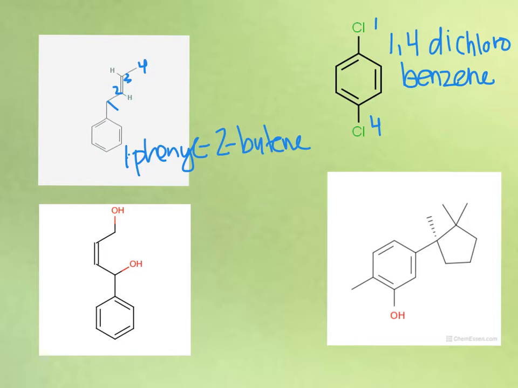So let's look at the one on the bottom here. We have a phenyl, and it would be in the 1 position. I'm going to move that because I don't think it's going to fit with what I have to write. So 1 phenyl, and attached to that, we have our 1, 2, 3, 4, another 4 carbon chain.